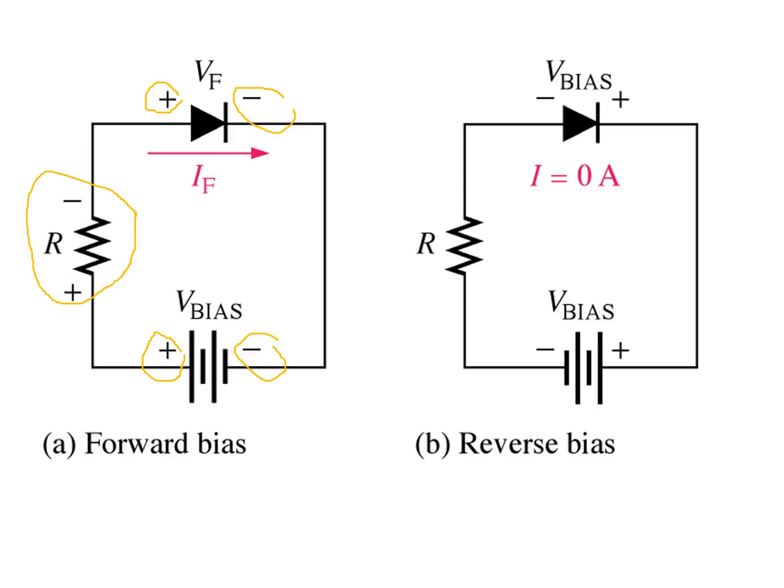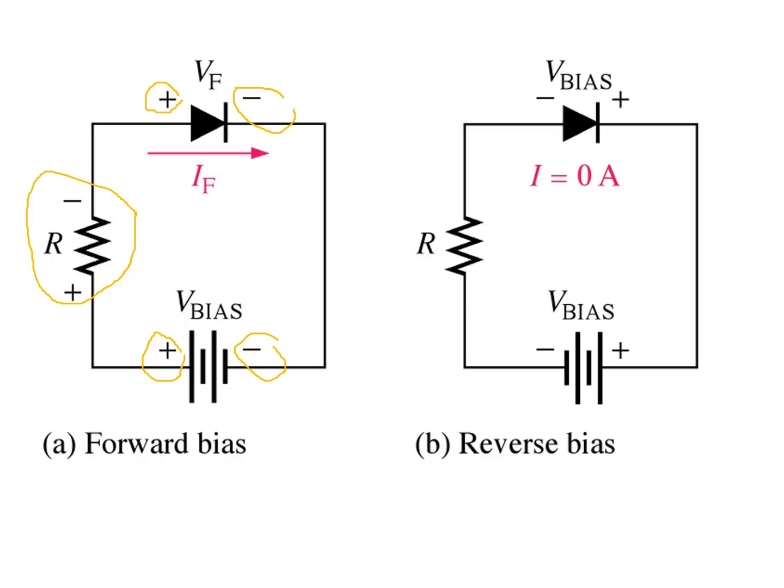The forward current IF is from anode to cathode, so this is the direction of the current as indicated. The forward voltage drop VF due to the barrier potential is from positive at the anode to negative at the cathode. So this is forward bias.